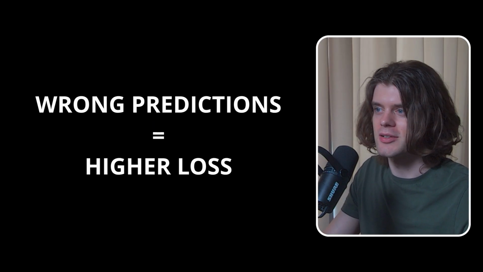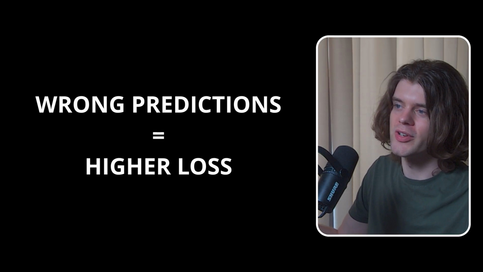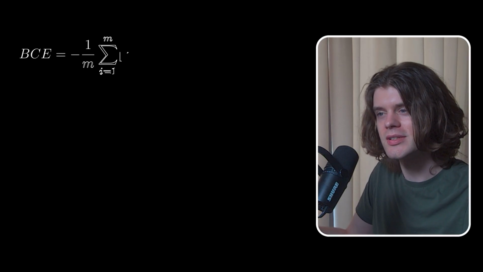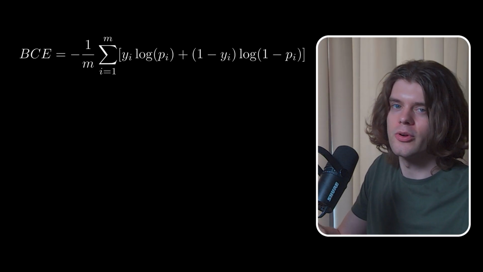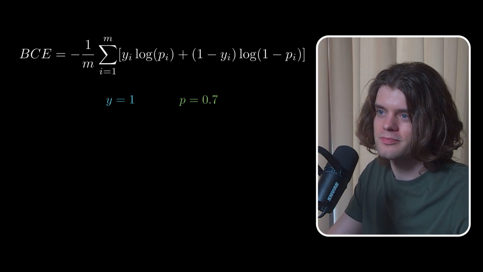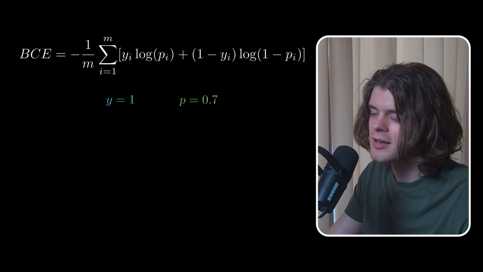But if our model is a bit unsure, the error value starts increasing. So the more unsure our model is, the larger the error we get. And if the algorithm is very, very confident in the wrong choice, the BCE value grows rapidly. So let's dial back that confidence. The model is, let's say, 70% sure the image is a cat.